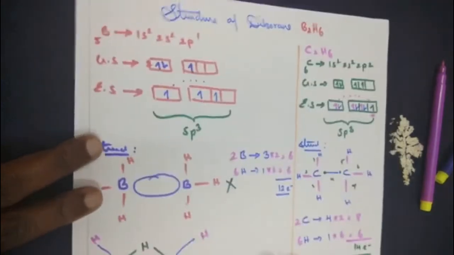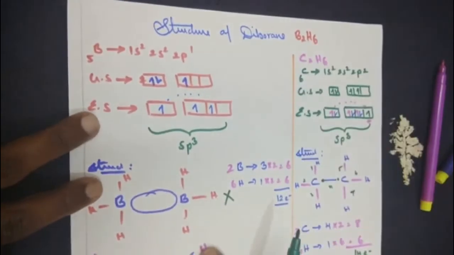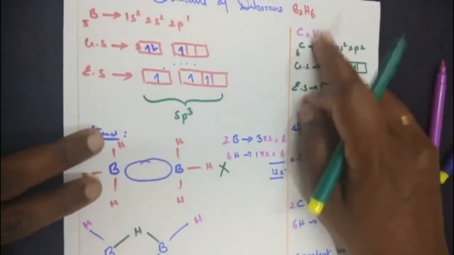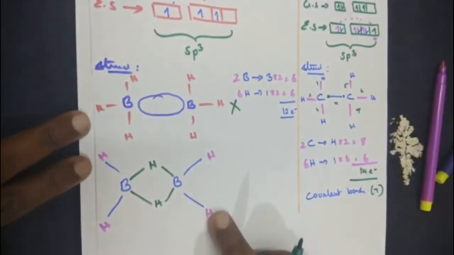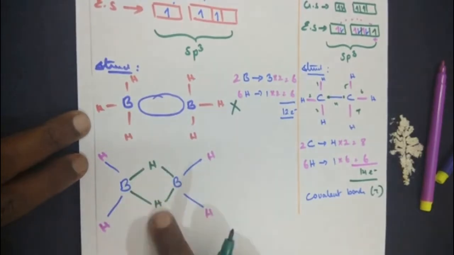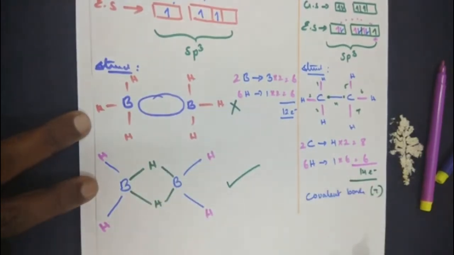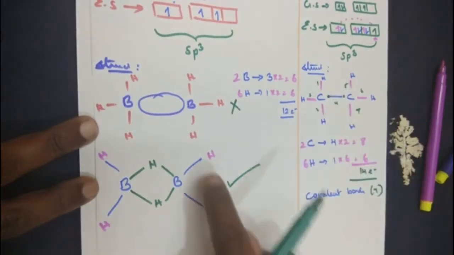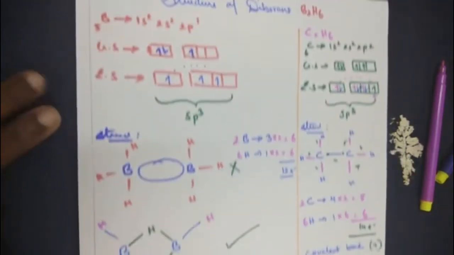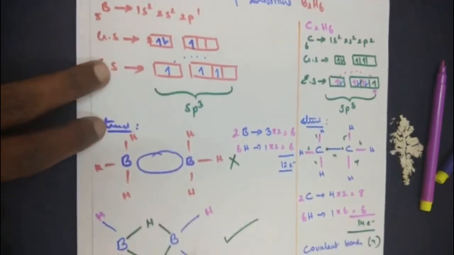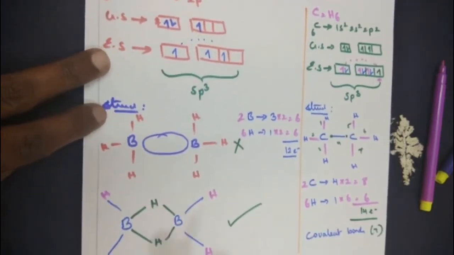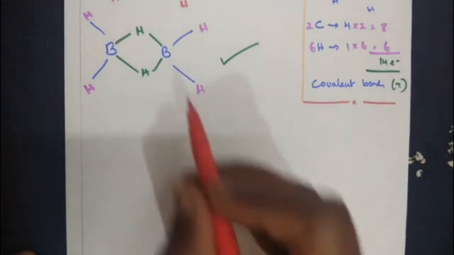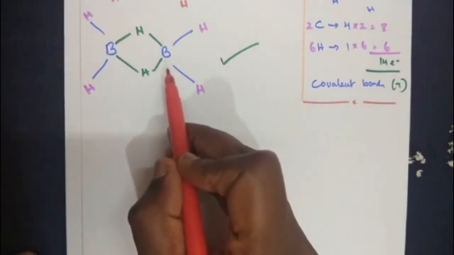So if we count the number of hydrogen atoms in B2H6, we've got 1, 2, 3, 4, 5, 6. So this is the correct structure of diborane, and the earlier one is not. But you need an explanation based on the configuration of how this structure is formed. So let's go. This is the correct structure of diborane.